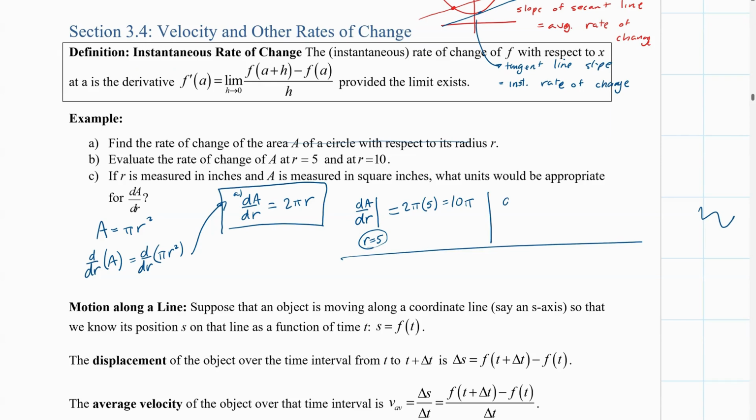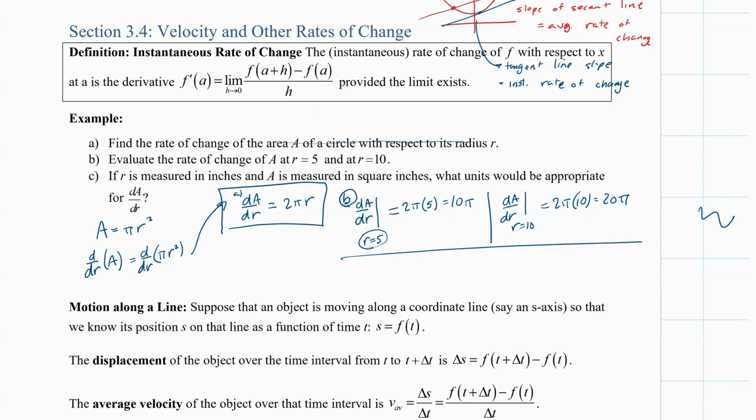Well, what about the rate of change when r is 10? Well, that's going to be 2 pi times 10, or 20 pi. All right, great. And then that's our answer for part B. If r is measured in inches and area is measured in square inches, what would the appropriate unit be for dA/dr?